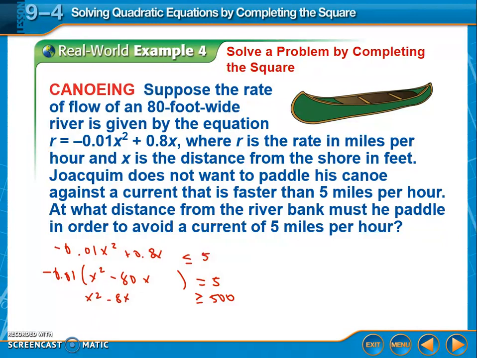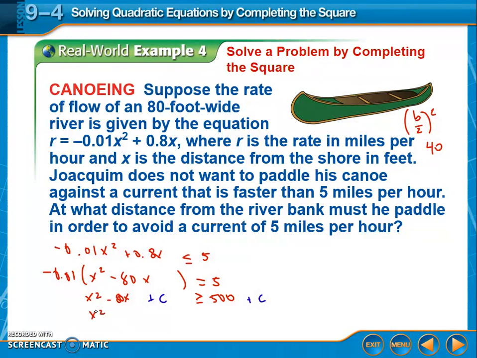And I want to add c to both sides so that I can see what I need to make this a perfect square trinomial. Sorry, this is 80x. So remember, c is b over 2 squared. So 80 divided by 2 is 40, and 40 squared is 1600.